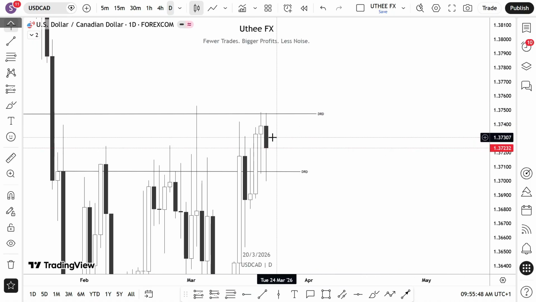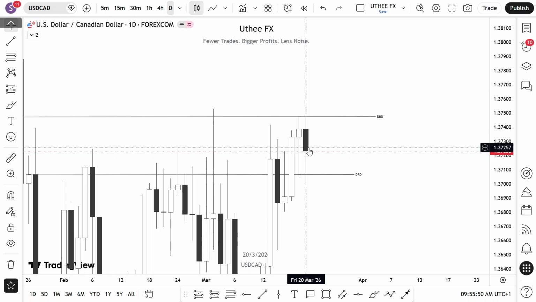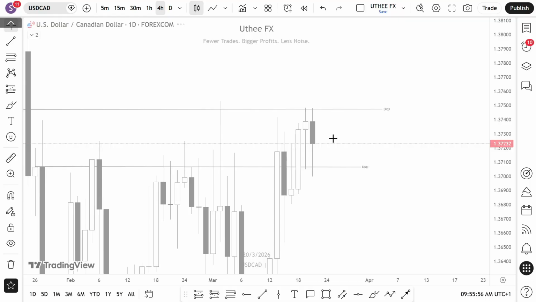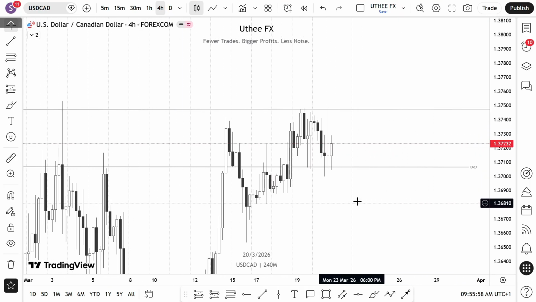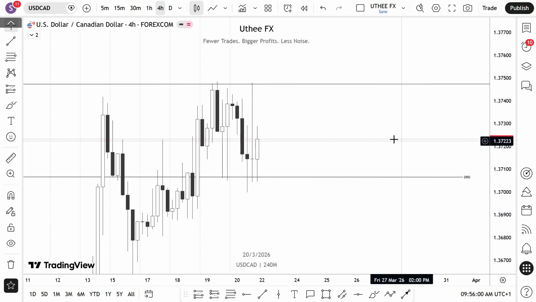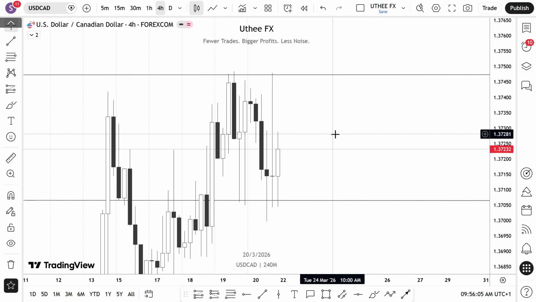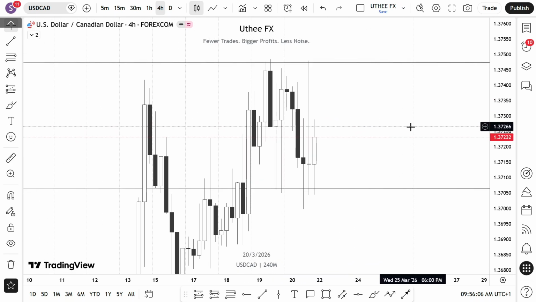You can see Friday, rejection in a key level. What do you do in this case? Just go to 4-hour time frame and check what is happening on 4-hour time frame. Understand? Price, what do you see price doing?